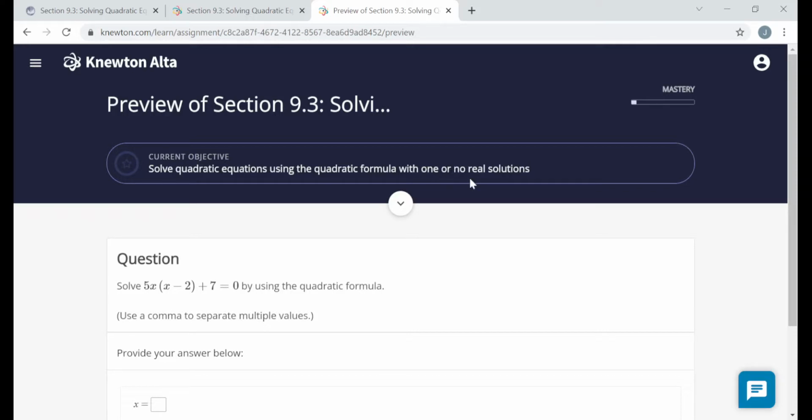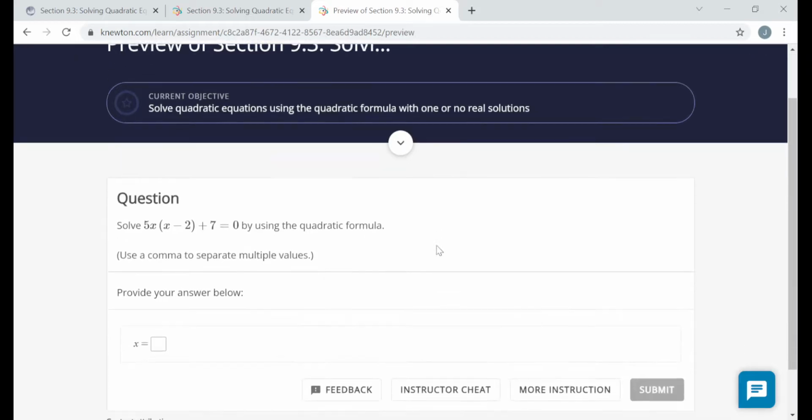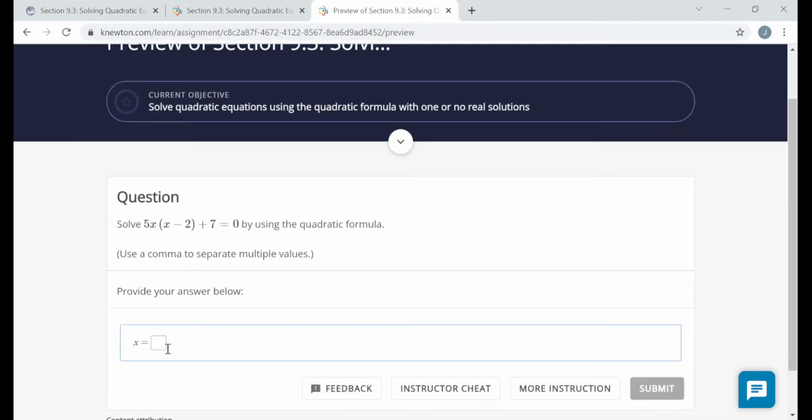No real solutions meant the discriminant was negative. But now we're actually finding the solutions, not just the discriminant. So I'm going to write this equation out the way they gave it to me, and then we'll put it in standard form first. You've got to put it in that ax squared plus bx plus c equals 0 form first, and then use the quadratic formula.